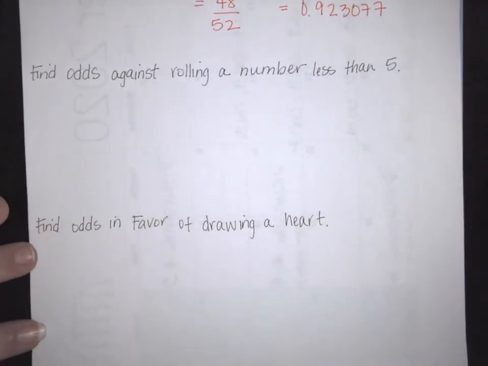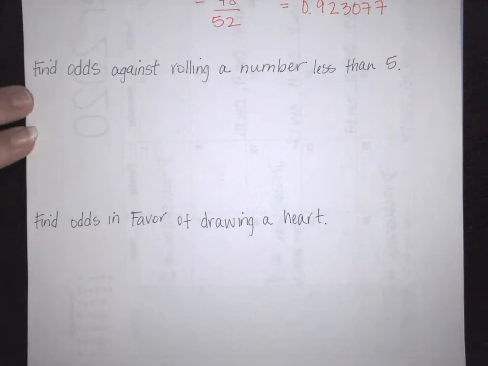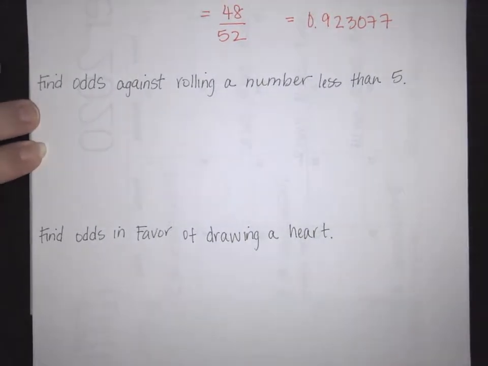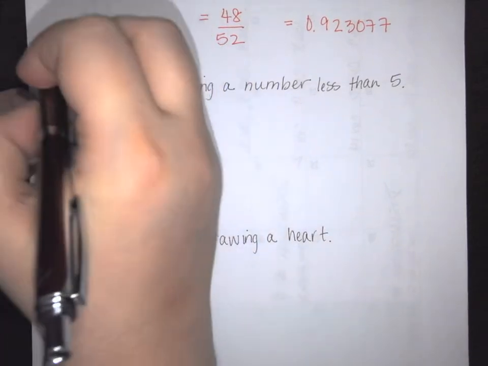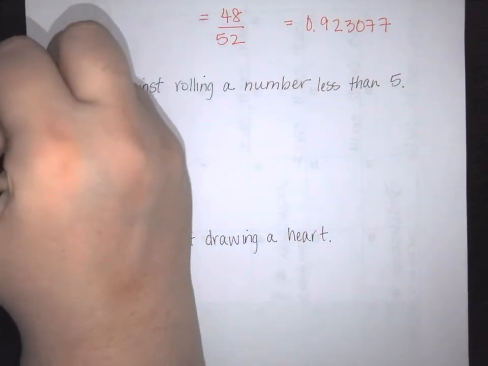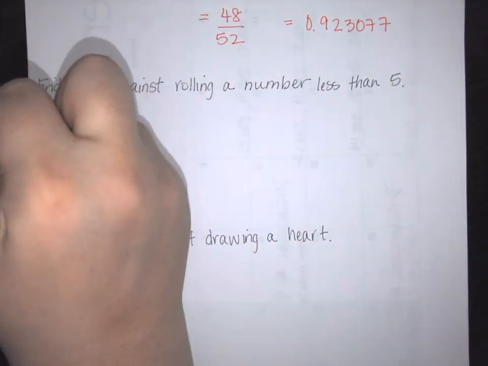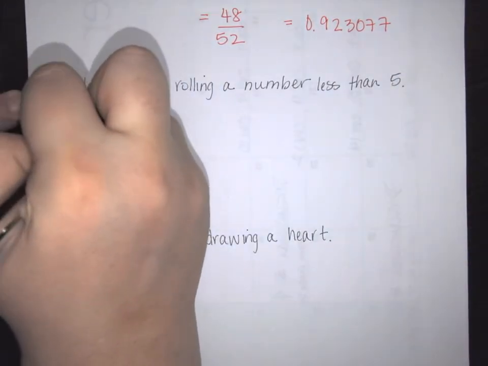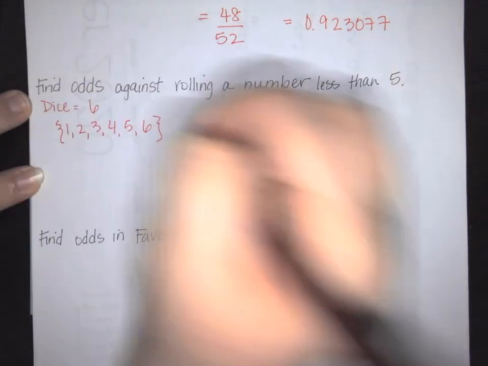Now another way that we can look at probability is odds. So here in this one, I want to find the odds against rolling a number less than 5. Okay, so in this case, we're looking at a die that has 6 sides. So remember, that means we are looking at 1, 2, 3, 4, 5, and 6.